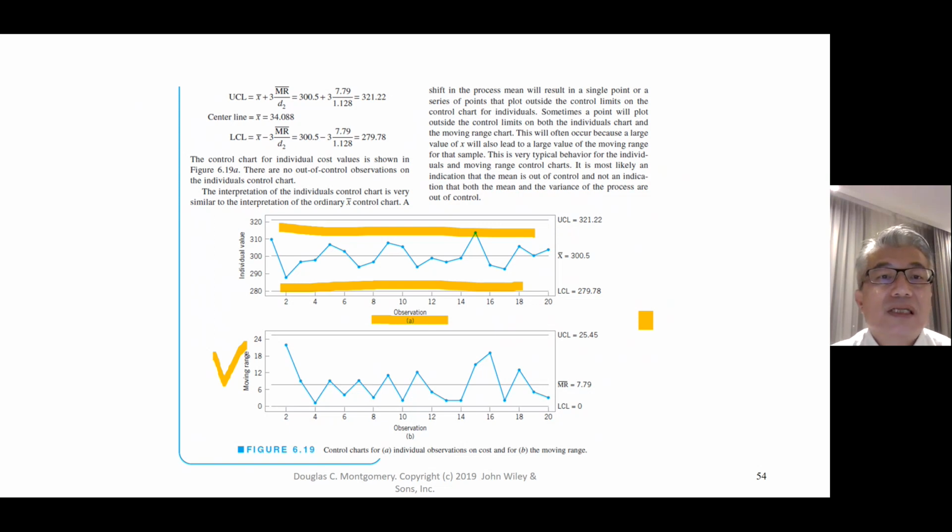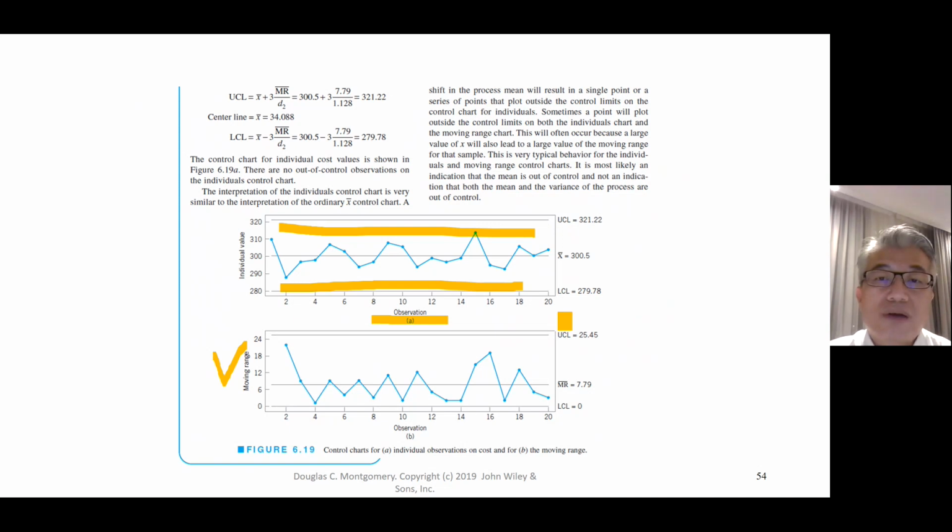The interpretation of the individuals control chart is very similar to the interpretation of the ordinary X-bar chart. This is the Shewhart chart. A shift in the process mean will result in a single point or series of points that plot outside the control limits on the control chart for individuals. Sometimes a point will plot outside the control limits on both the individuals chart and the moving range chart.